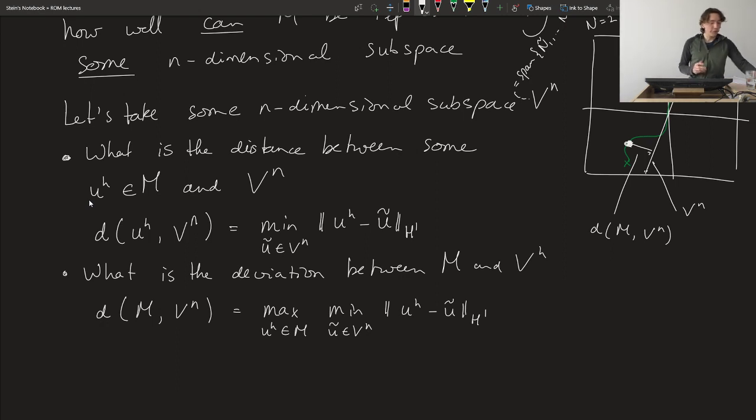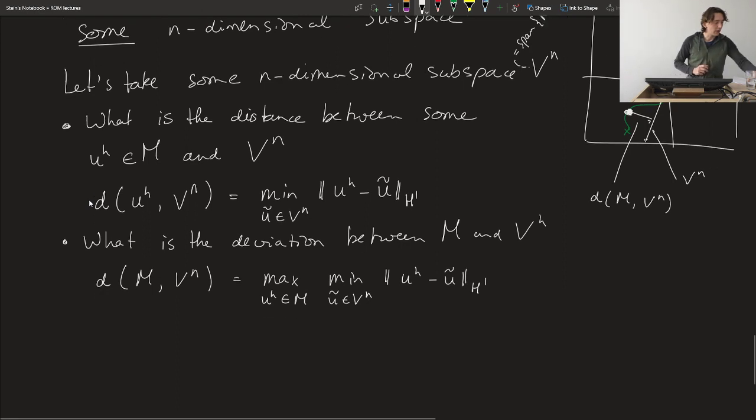Okay, so now for a given manifold and a given lower dimensional subspace, I'm able to say how far it is away. That's not what I wanted to do. What I wanted to do was to give a number for the width of a manifold, and that's going to be the last question.